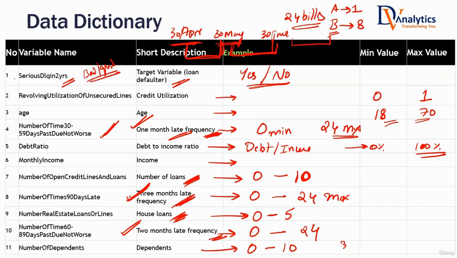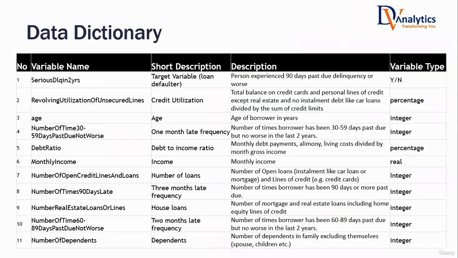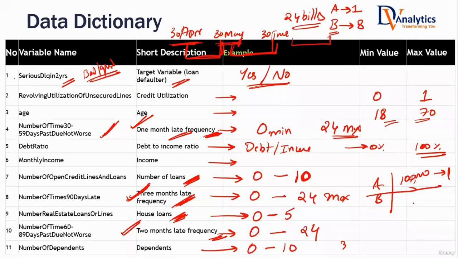Imagine you have 30 dependents in your family. Let us suppose 2 customers, customer A and customer B. Customer A is earning 1 lakh, but he has only one dependent, his wife. Customer B is earning 1 lakh, but he has 5 dependents: 1 wife, 4 kids. Tell me where there is a high chance of defaulting. Sir, the one with higher dependents. 1 lakh salary, 1 lakh salary.